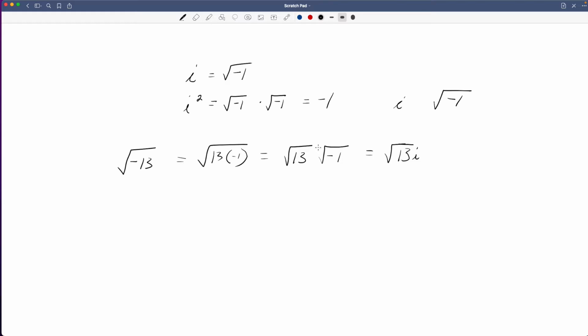A complex number is made up of two real numbers, a and b, and the letter i. And we always write that in the standard form, a plus bi, meaning that whatever number has the i is written second. That term, the i term, is always second.